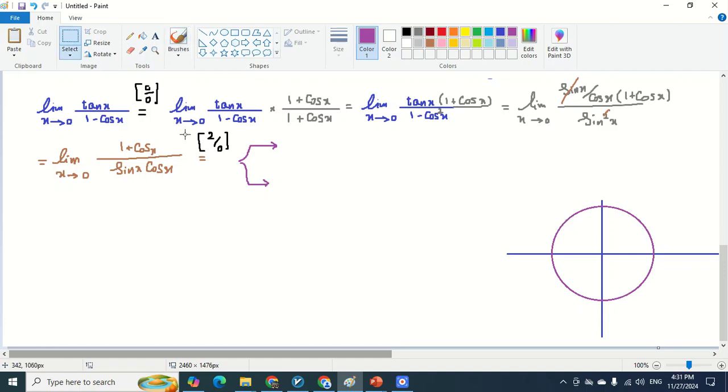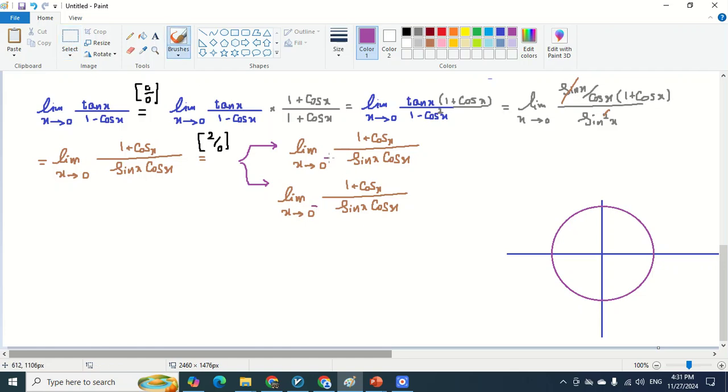So one time we should evaluate this limit, which I rewrite here, for x tending to 0 plus, and one time for x tending to 0 minus. So 1 minus and 1 plus over here. To decide about that, it's not a bad idea to keep in mind the situation in the trigonometric circle.